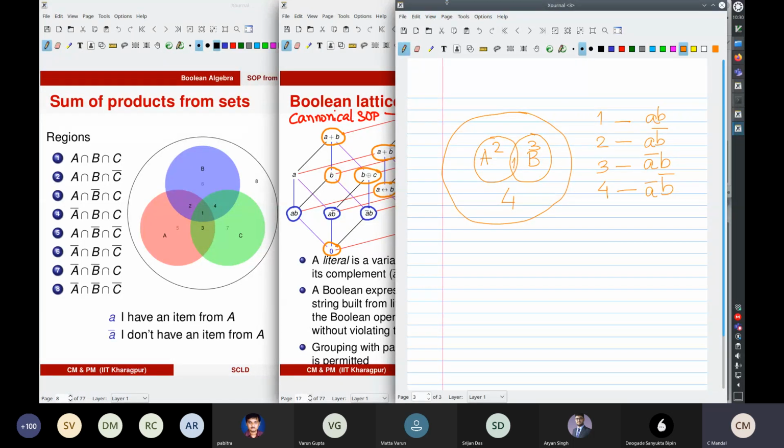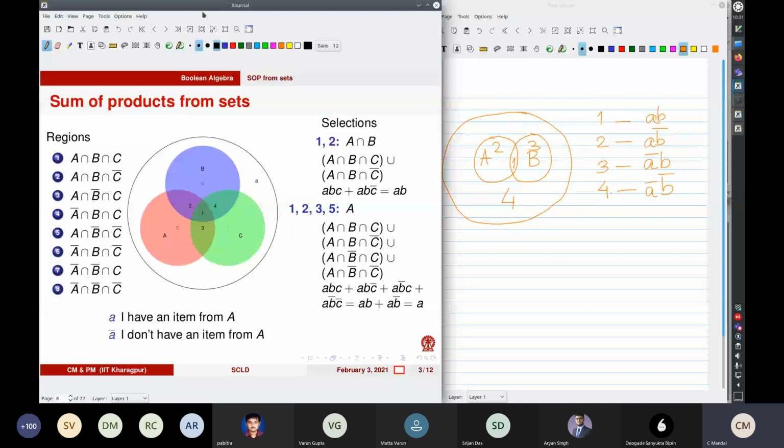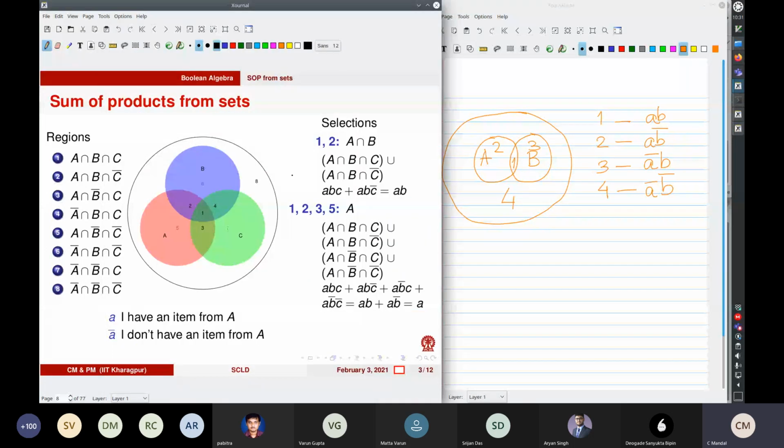So what you can say is that, we have studied it mathematically in terms of lattices, but more intuitively, if you look at these Venn diagrams, any combination, any situation can be expressed in terms of these regions, right?